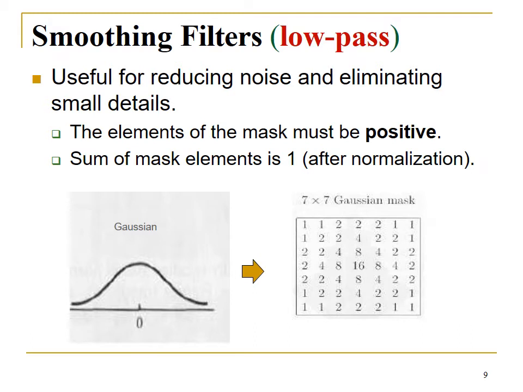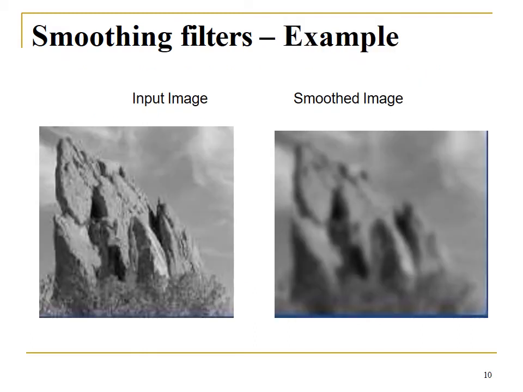The important thing to note is that all the elements within that particular matrix should be positive values, and the sum of the mask values after the normalization process should be 1. Normalization means we smooth the image by applying any kind of filter, and after that we get a normalized matrix, and the sum of all those mask elements will be equal to 1. So now let's see an example.